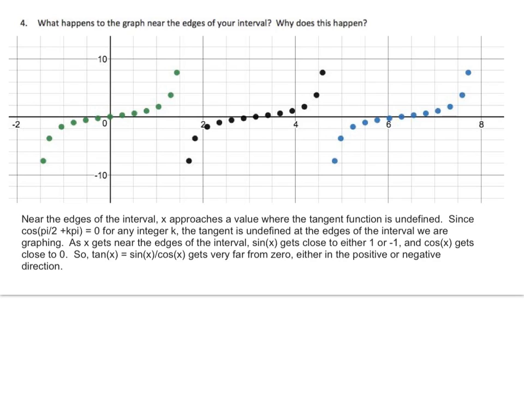That's our asymptote. Since cosine of pi over 2 plus k pi equals 0 for any integer k, the tangent is undefined at the edges of the interval we are graphing.